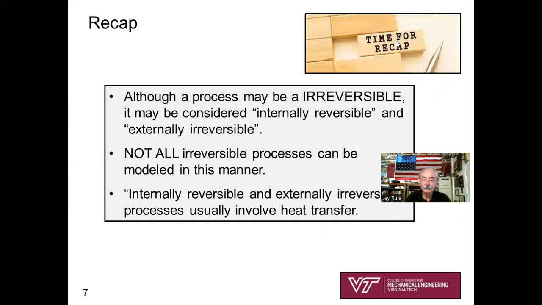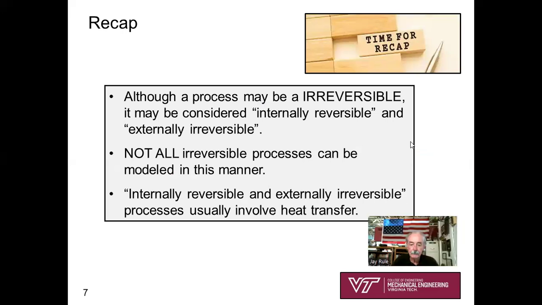Okay, so let's recap. It says, although a process may be irreversible, it may be considered internally reversible and externally irreversible. And the best example of that, most commonly occurring, is the heat transfer process. Remember, not all irreversible processes can be modeled in this manner.